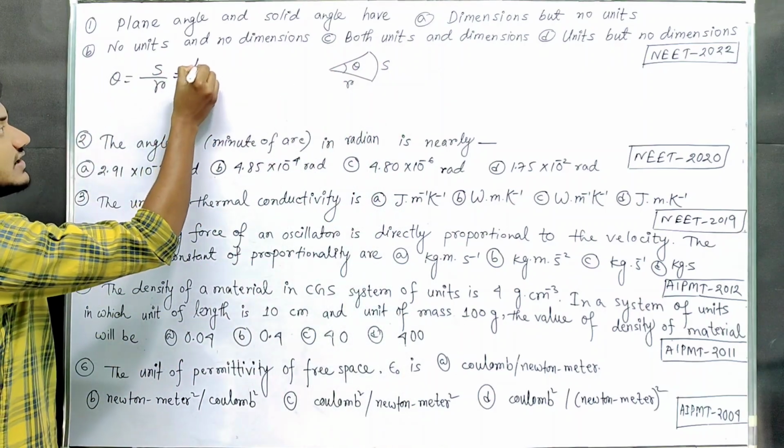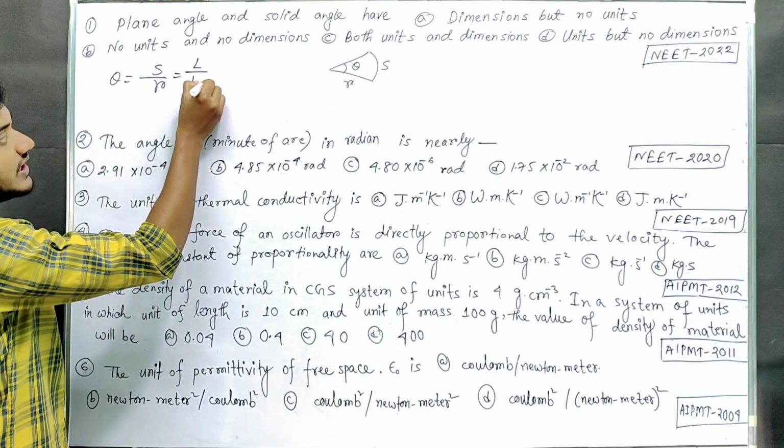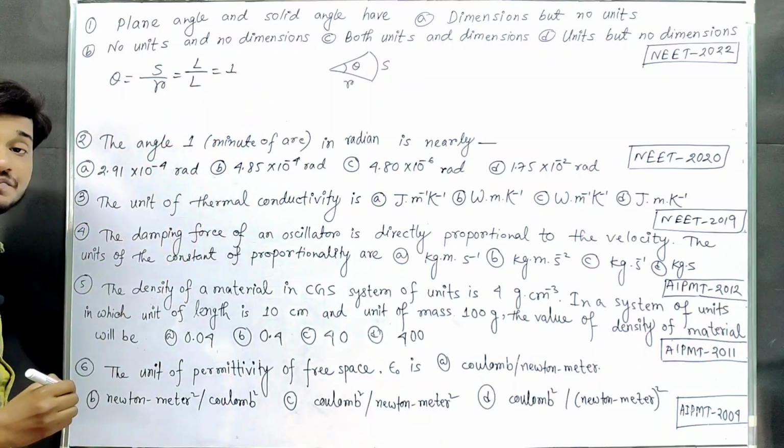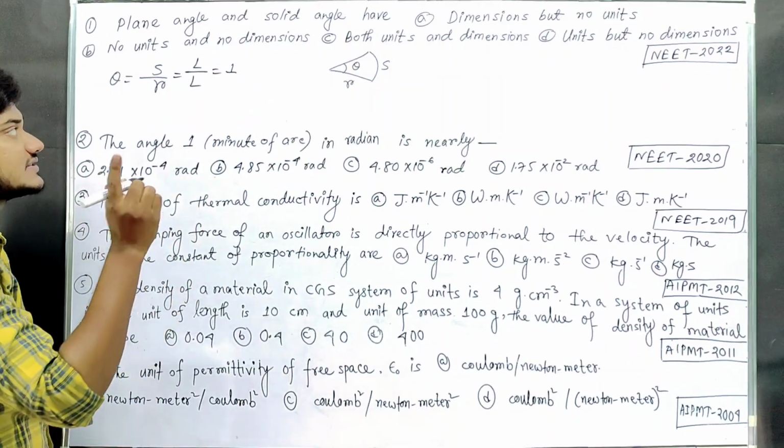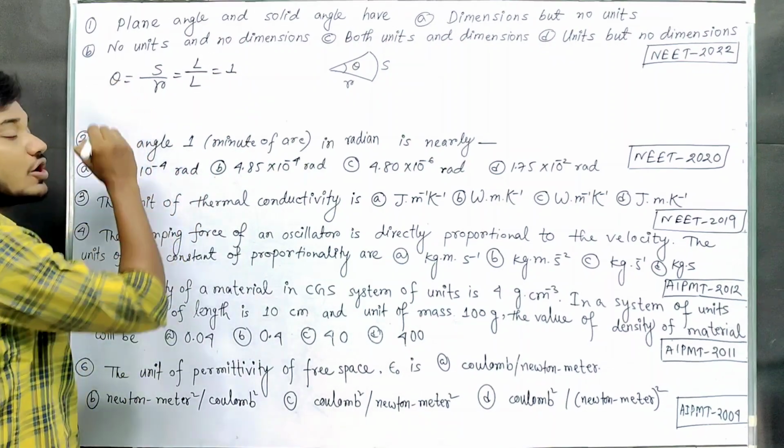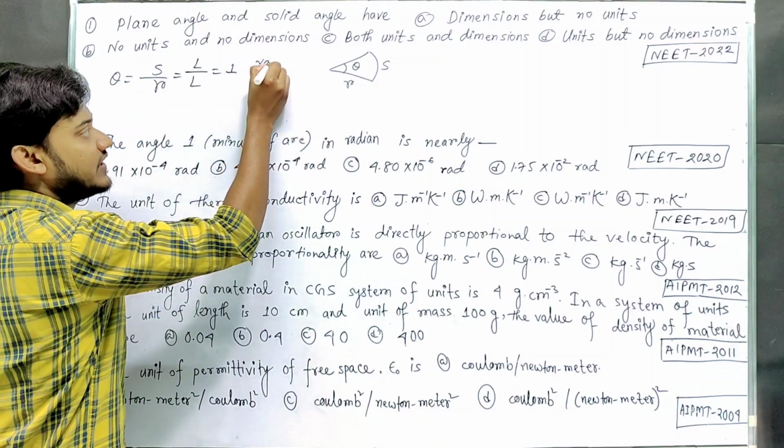Dimension of s is L, dimension of r is L, so theta is dimensionless, but the unit of theta is radian.